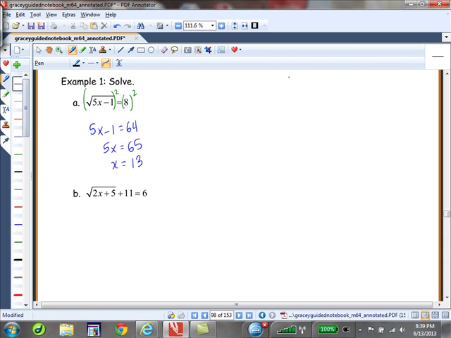Before I get all excited and keep that, I'm going to check. We had just one solution of x equal to 13, so we check it in the original.